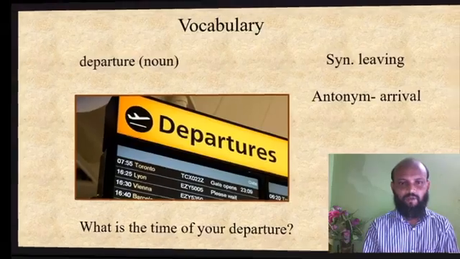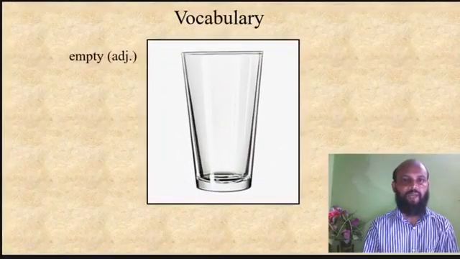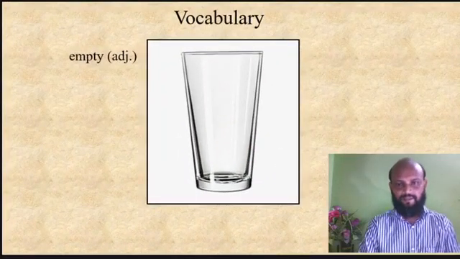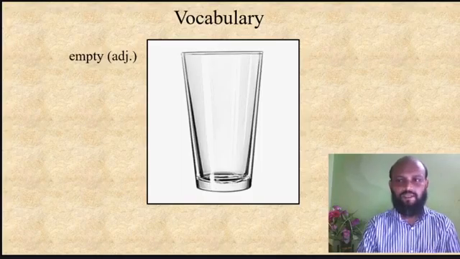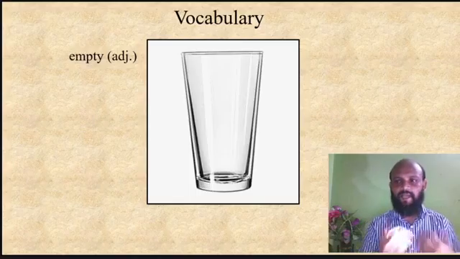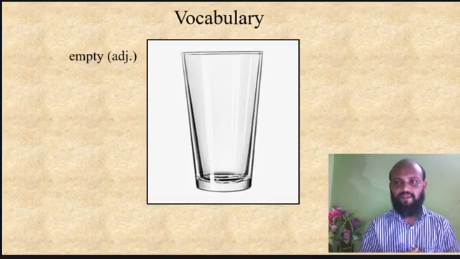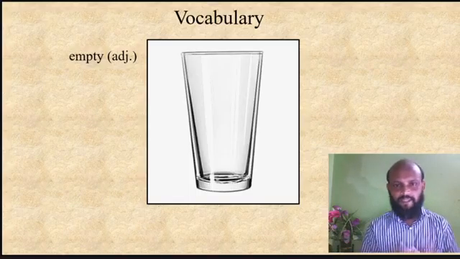Now let's move on to the next word, empty. Do you see a glass? Yes, of course. You see a glass that is empty. There is nothing in this glass.